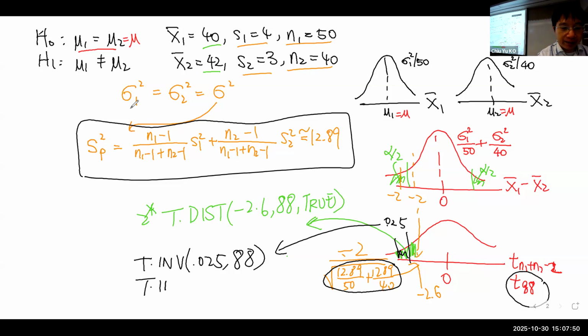If you want the positive number, that will be 0.975, 88. Okay. And this gives you the critical value, right? And if this value is more than 2.6 or less than 2.6, we decide whether you reject or not. So this is the critical value method.